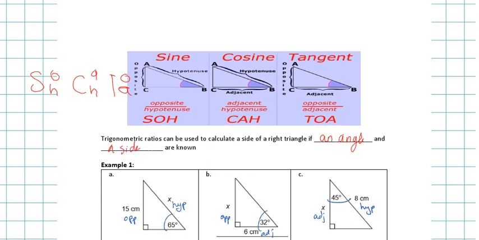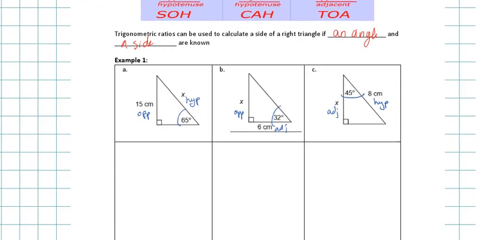So let's look at this. You know an angle, you know a side, you're looking for this side, x. This is already labeled for you. 65 degrees. Where's the hypotenuse? X. X is the hypotenuse.